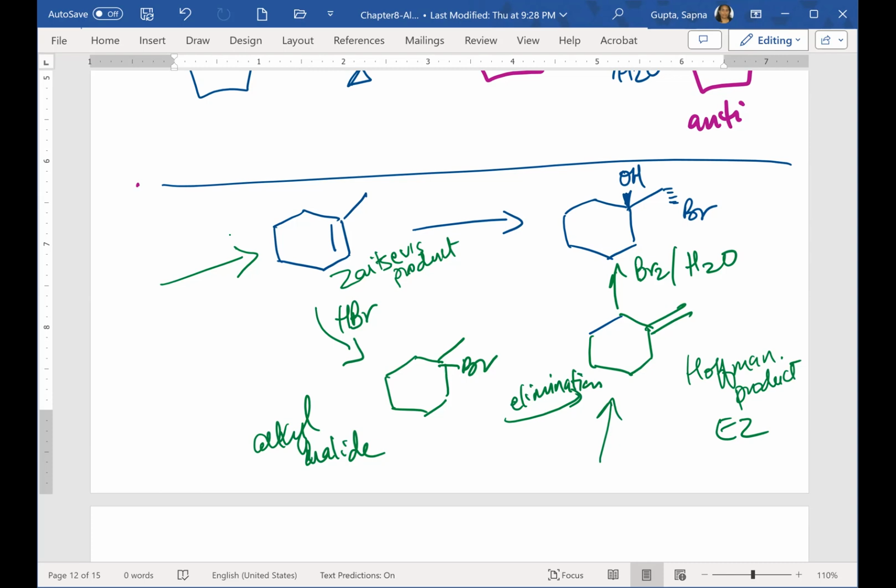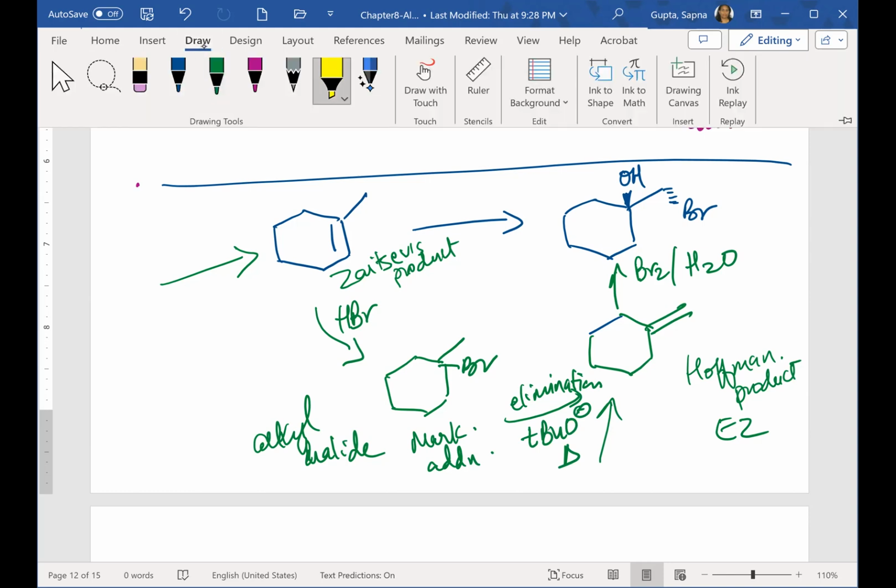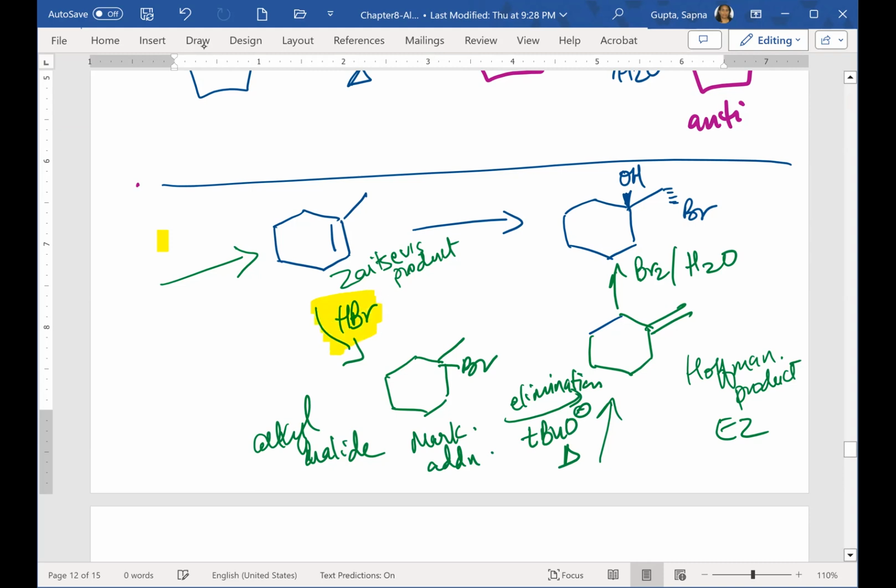So I will add HBr. That gives me the Markovnikov addition. Now, in order to get the Hofmann product, Hofmann meaning the less stable alkene, the only way you can do that is by using a bulky base and heat. So then this is our 3-step synthesis.